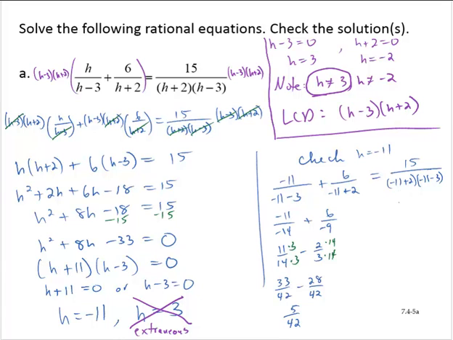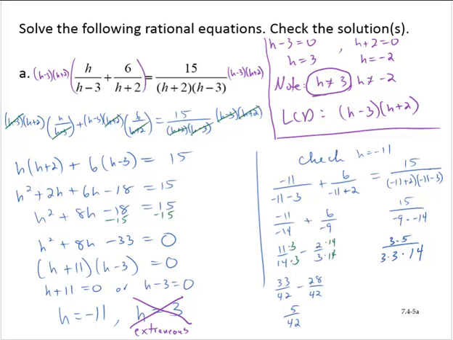Alright, the right-hand side, I've got 15 over negative 9 times negative 14. Negative times a negative is positive. Let me think of that 15 as 3 times 5. 9 is 3 times 3, and 14 is just 14.